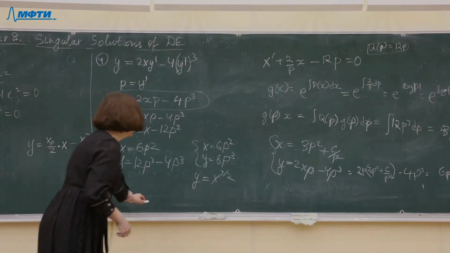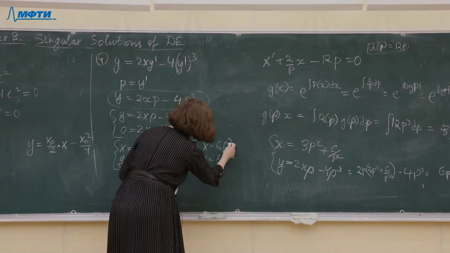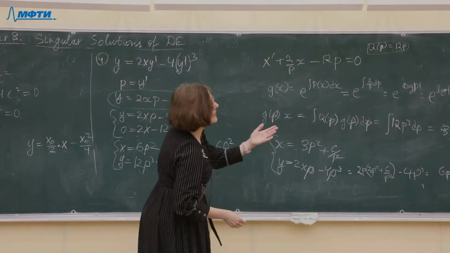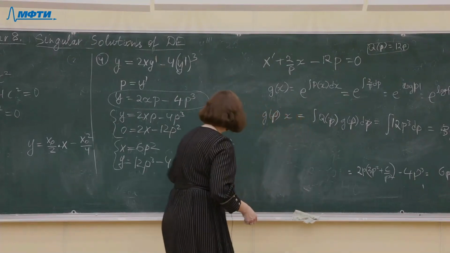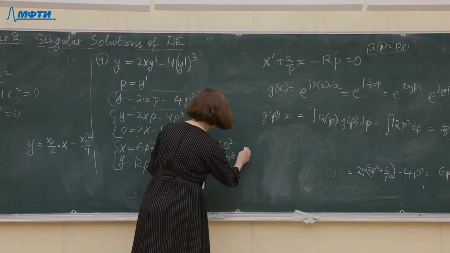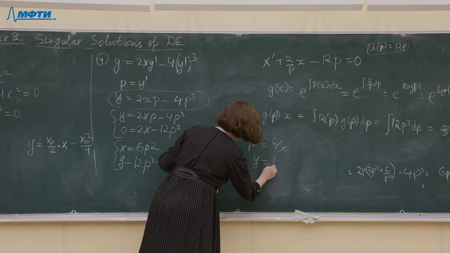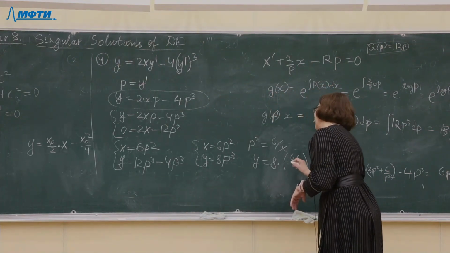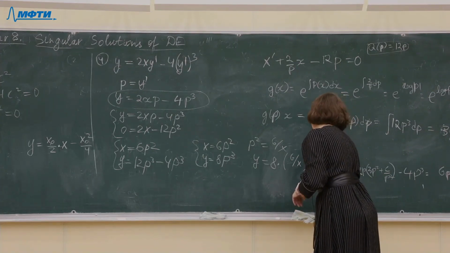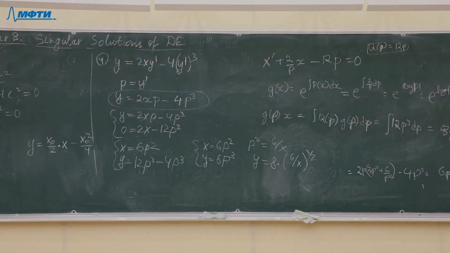No, I think not. So we should substitute, right? So just one equation, no c. Have you found c or not? If you solve this simultaneous equation, you will get p squared equals 6/x... Okay, this is the solution.